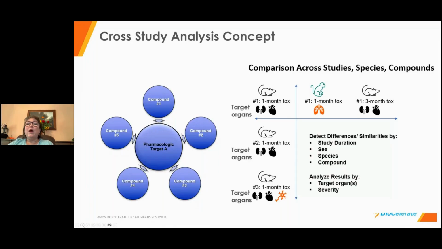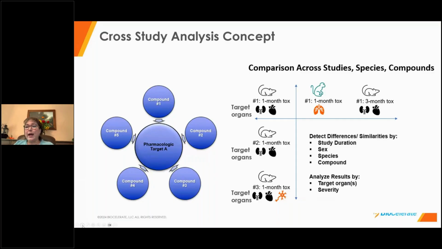Okay, so with this slide, I was just trying to summarize everything that I've just said pretty much. So the cross-study analysis concept is that you can compare whatever you want to compare. Ask whatever question you want to. You have a variety of different compounds, a variety of different studies.